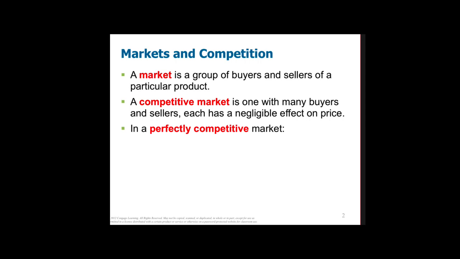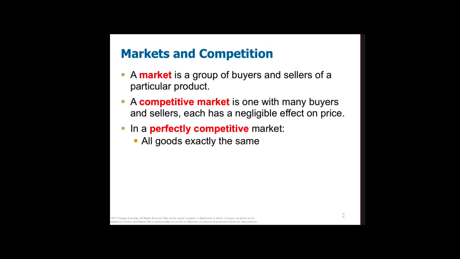In our examples, we're going to live in a perfectly competitive market. And what that means in a perfectly competitive market is all of the goods are exactly the same. So in our perfectly competitive market, the ingredients in Tide are exactly the same as they are in Cheer, as exactly the same as they are in another laundry detergent.